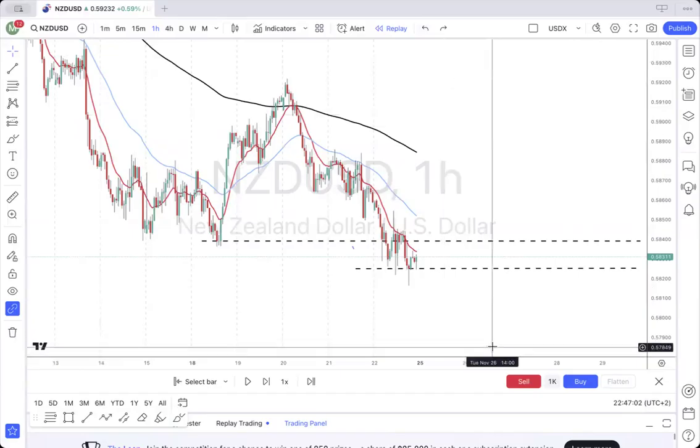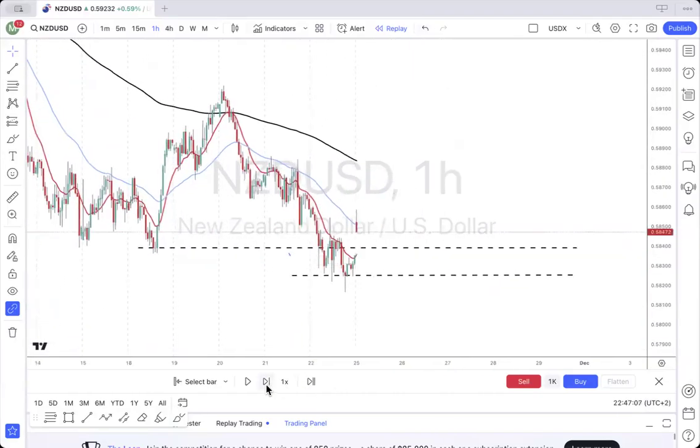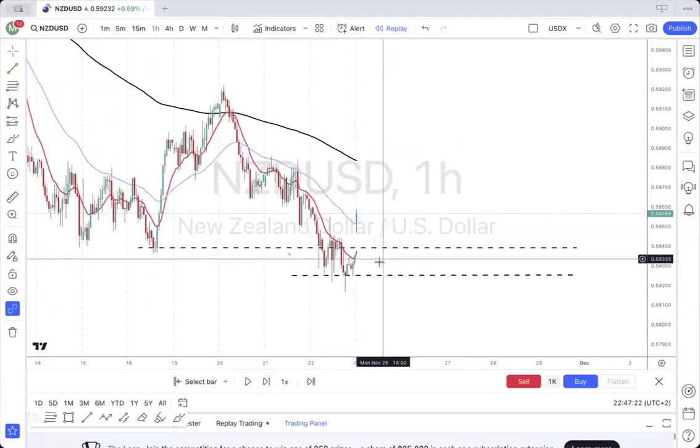Now that we've got two lines, let's see what will happen, all right? So start of the week. The week starts with a gap. Now, this one, we can't really say we're gonna jump in and sell because it's close to our reference points.